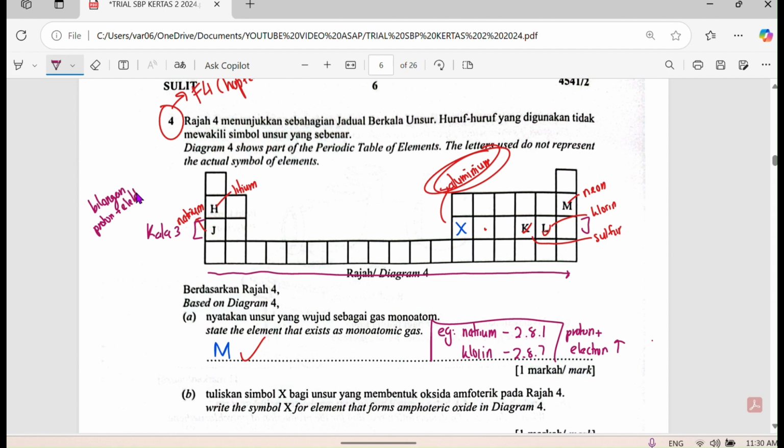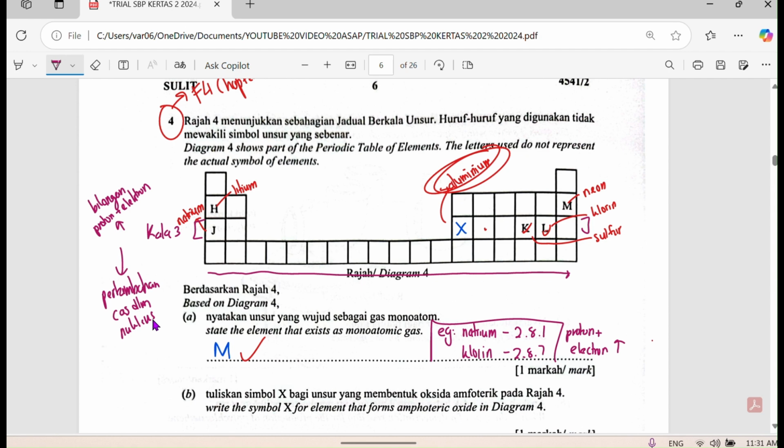So let me just write it down here. Bilangan proton plus elektron bertambah. Okay. So when your bilangan proton dan elektron bertambah, berlaku pertambahan cas dalam nukleus, correct? Because as your proton number is increasing, your nucleus now will become more charged.